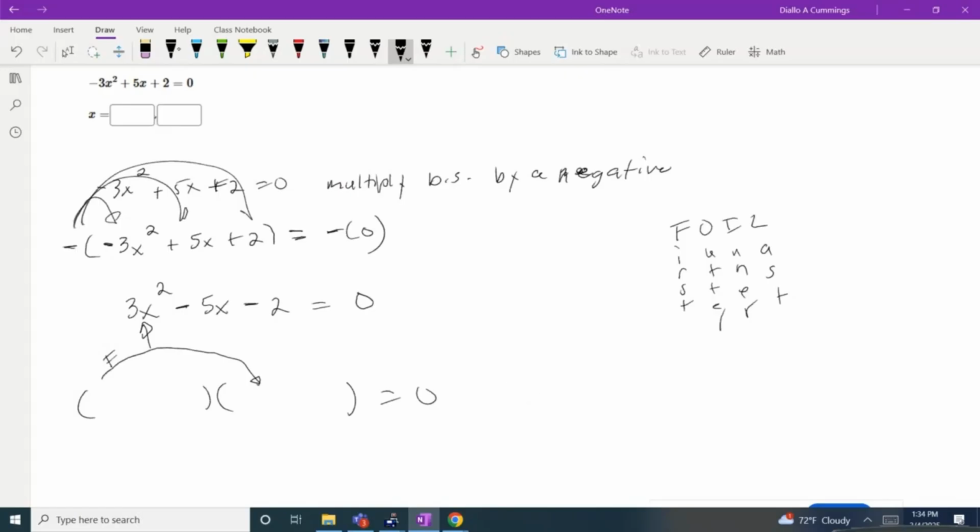So now the only way I can get a 3 is by 3 times a 1. And then for x, I'm going to have x times x. That gives you x squared. So for 3x squared, I'm going to break this up into 3x and x. Because when you multiply 3x times x, you get 3x squared.